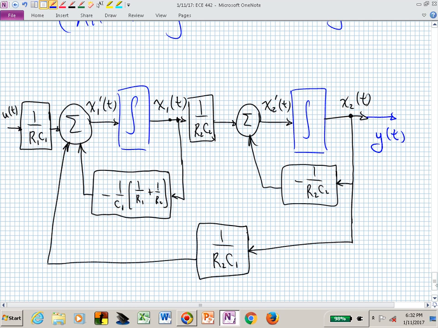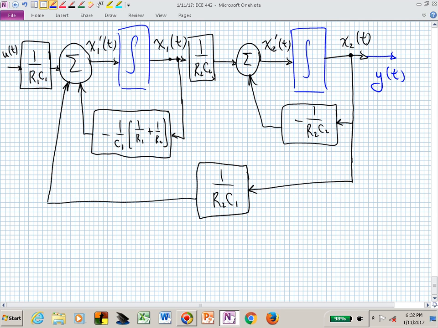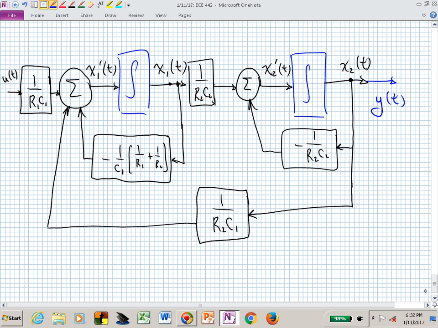What if somebody wanted that in the frequency domain? This is the time domain. Those are integrators. What's an operator version of an integrator in the frequency domain? 1 over s. So now if we want to take this into the frequency domain, I'm getting lazy, so I'm going to relabel these gains.